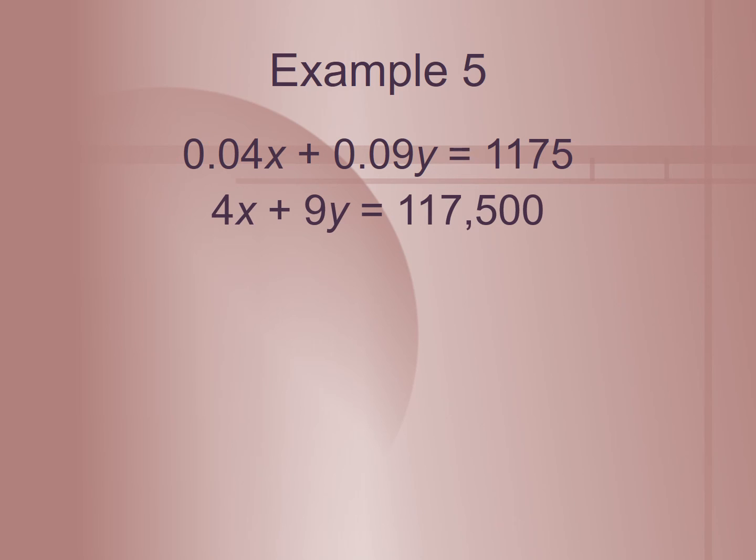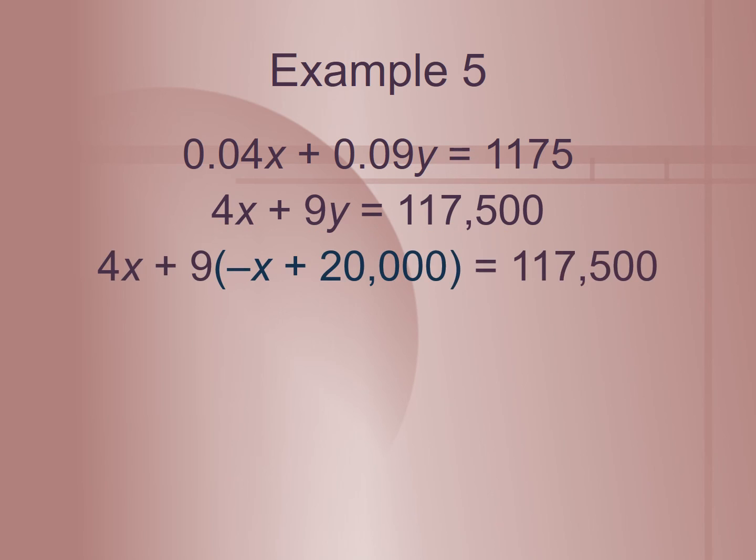Before we do that, let's get rid of all these decimals. In order to get rid of my decimals, I'm going to multiply everything by 100 so that I can move my decimal over twice, and then I no longer have decimals. Then I will substitute negative x plus 20,000 for y, and I have an equation that only has one variable.